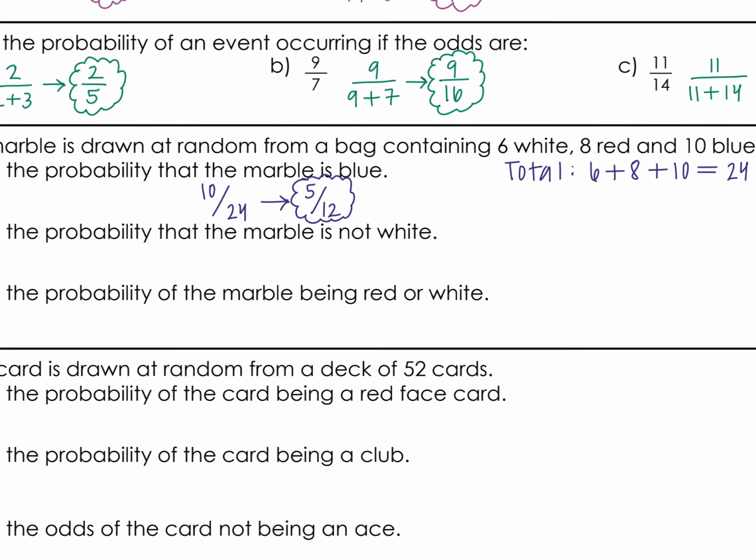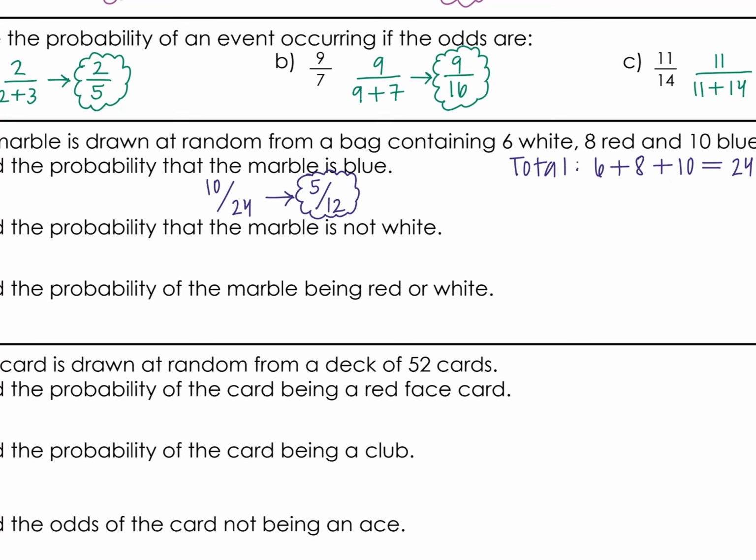Then we have find the probability that the marble is not white. Well, in order for that to not be white, it would have to be either red or blue. So there's 2 ways you can do this. We can start off by saying my red and my blue, so that 8 over 24 plus 10 over 24. Because there's 2 ways to be successful, I'm adding them together.